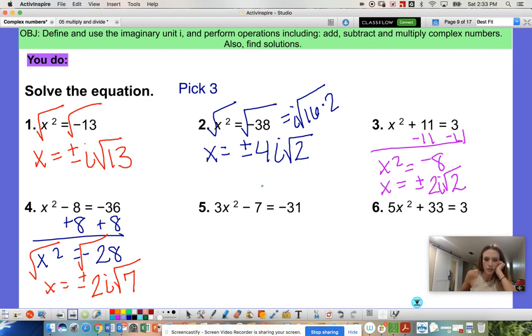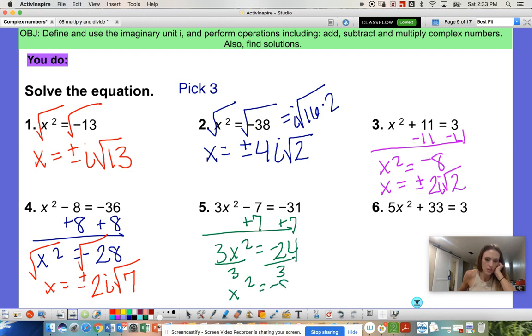Add 7, add 7. 3x squared equals negative 24. Divide by 3, divide by 3. x squared equals negative 8. So then again, x equals plus or minus 2i root 2.